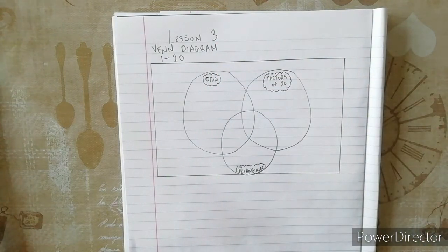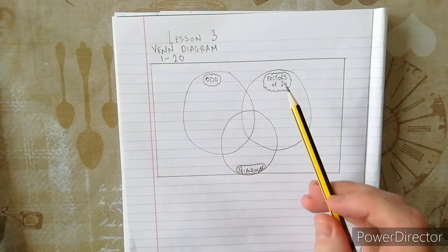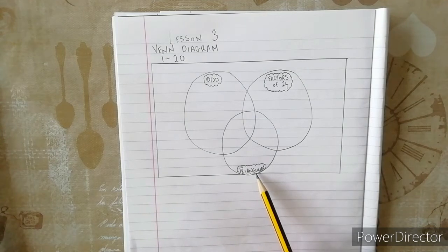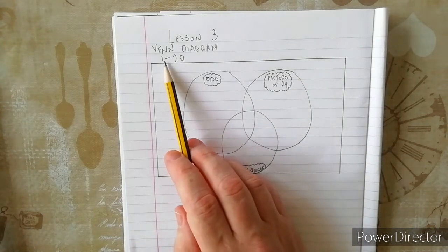Sometimes it'll be 2, and sometimes it'll be 3. We've got odd numbers, factors of 24, and triangular numbers. You can see they overlap, because some numbers will be in more than one of the circles. And we're going to do numbers 1 to 20.